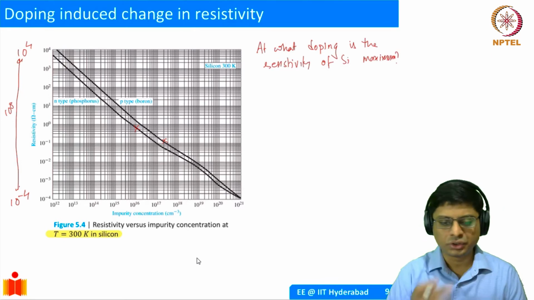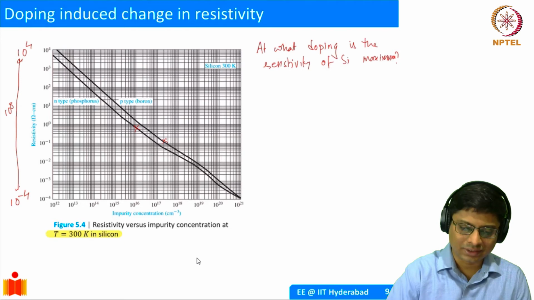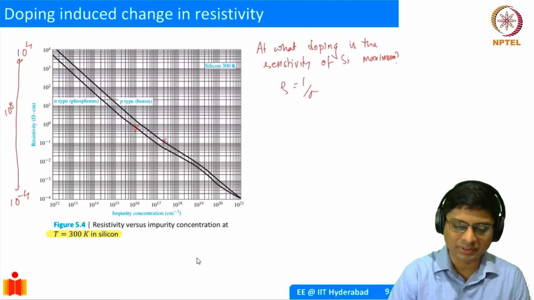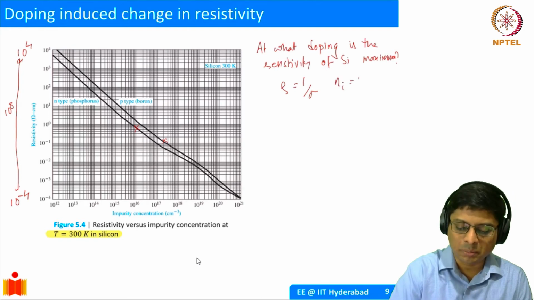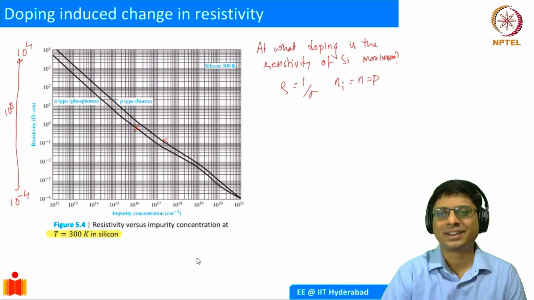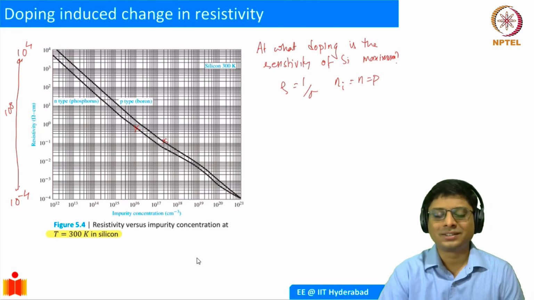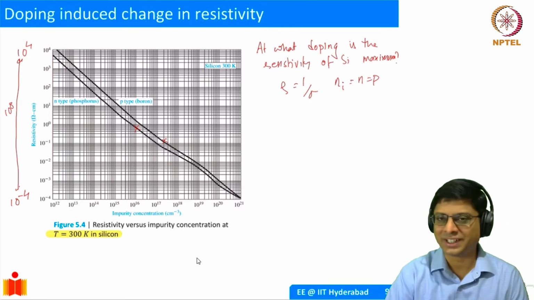You might be tempted to say that, well, resistivity is going to be 1 over sigma, and we have seen the expression in the previous case. So you might be tempted to say N equal to P equal to Ni, the intrinsic carrier concentration, maybe the resistivity will peak there, right? Well, you have to be careful. This is not going to be the answer.